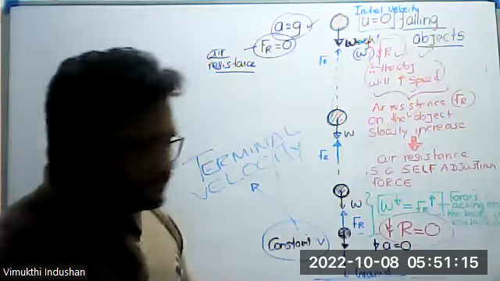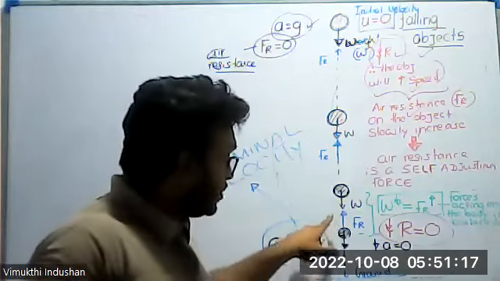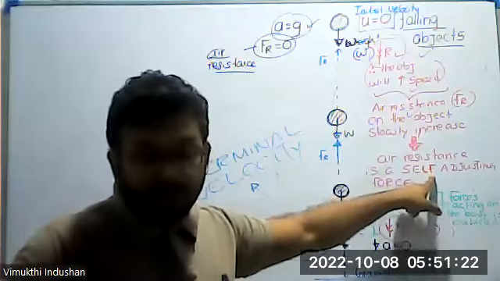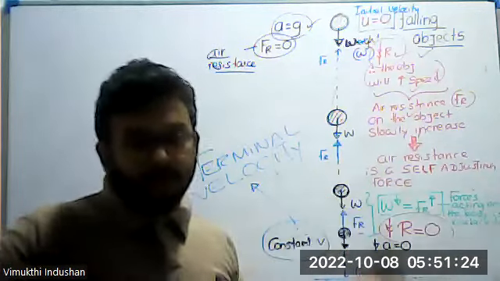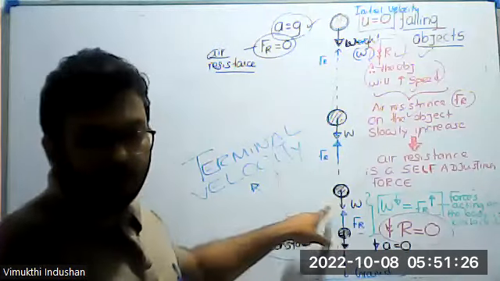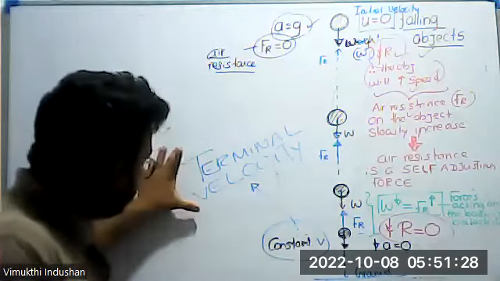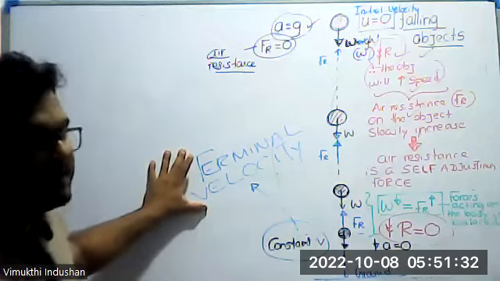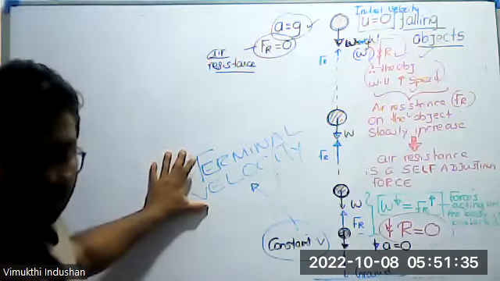Are we clear? So that maximum velocity that is acquired by this object, as a result of your self-adjusting air resistance being equal to the weight acting downward, is what we understand as terminal velocity.